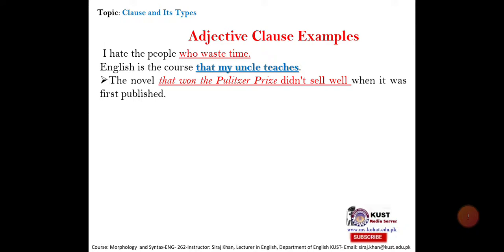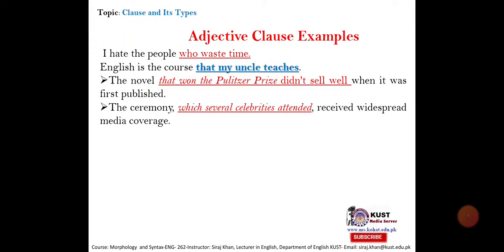The novel that won the Pulitzer Prize didn't sell well when it was first published. So here, that won the Pulitzer Prize modifies the noun, the novel. The ceremony, which several celebrities attended, received widespread media coverage. Now here, the underlined clause modifies the noun.